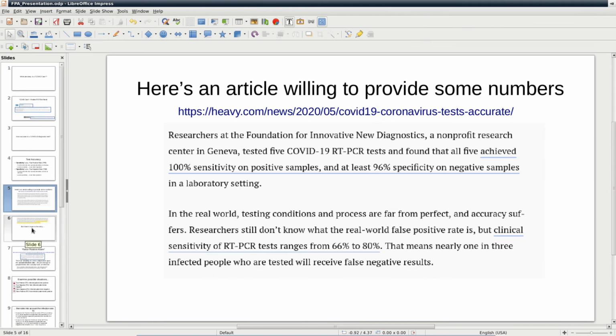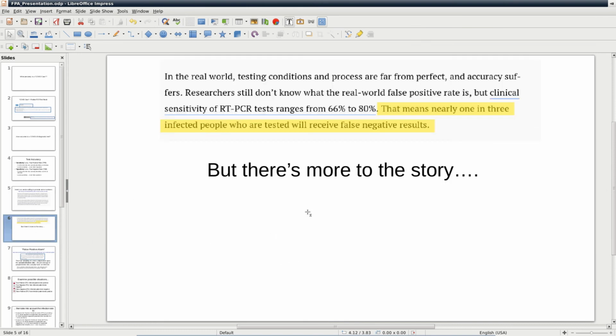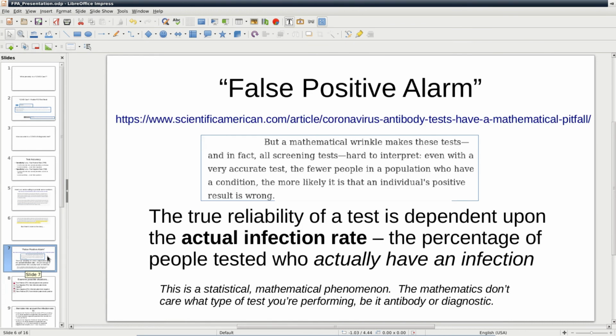But there's more to it. They say nearly 1 in 3 infected people will receive false negative results, but as I just said, there's more to the story. This gets into taking the next step of analysis.